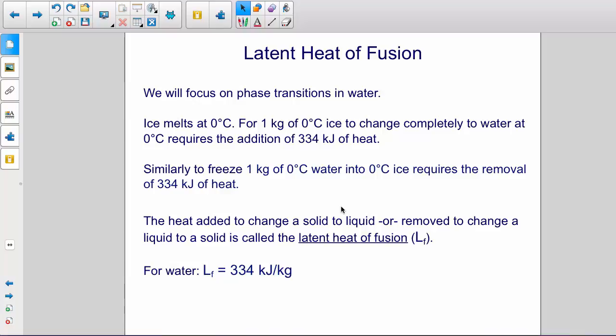Similarly, to freeze 1 kilogram of 0 degrees C water into 0 degrees C ice requires the removal of the same amount of heat, 334,000 joules.